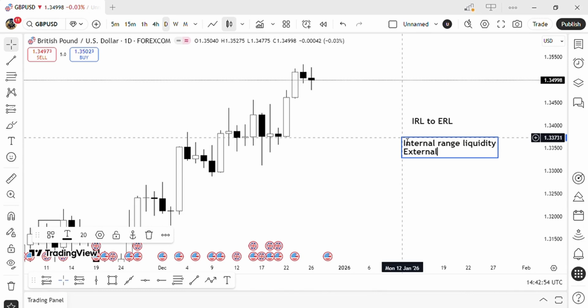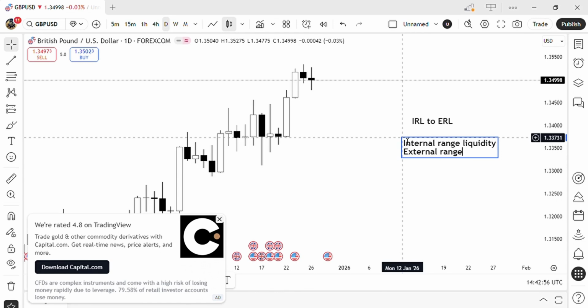ERL is external range liquidity. Okay, what do we mean by the internal range liquidity? It is simply otherwise known as the fair value gap. The SMC people would like to call it the imbalance.